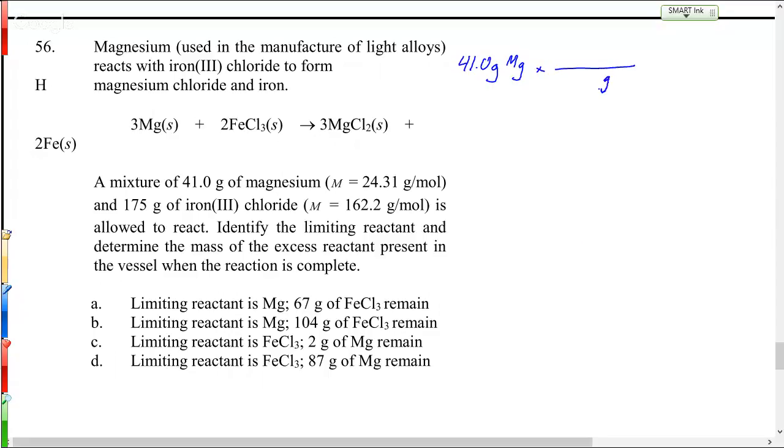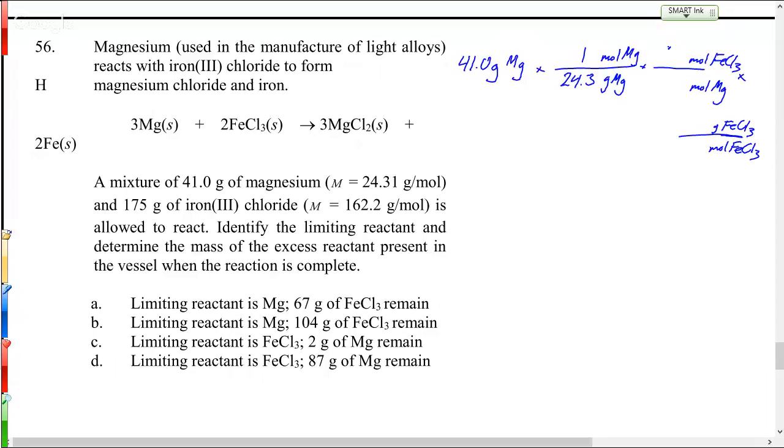We're going to go from grams of magnesium to moles, and then all the way to the other reactant, which is iron chloride: moles of magnesium, moles of iron 3 chloride, and then all the way to grams of iron chloride. So magnesium, 24.3 grams per mole.